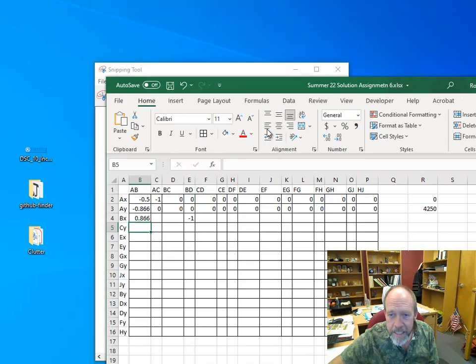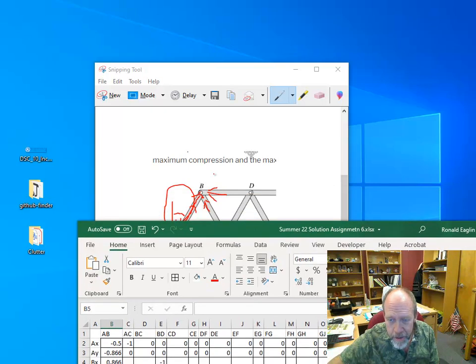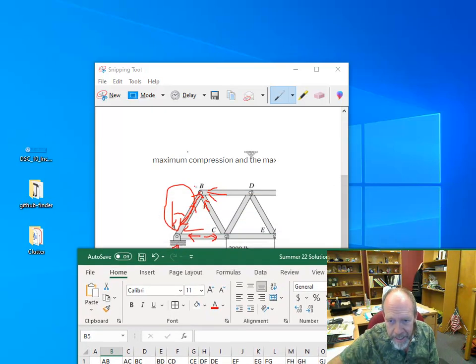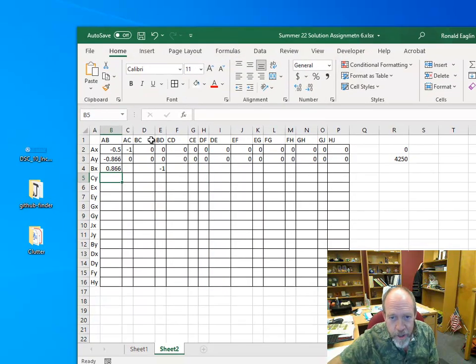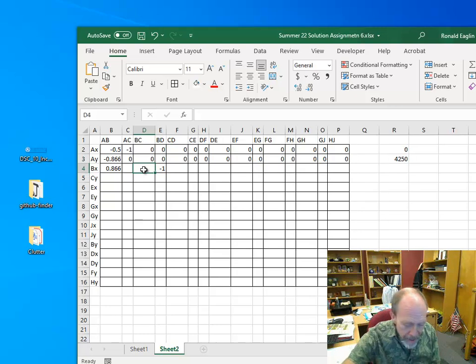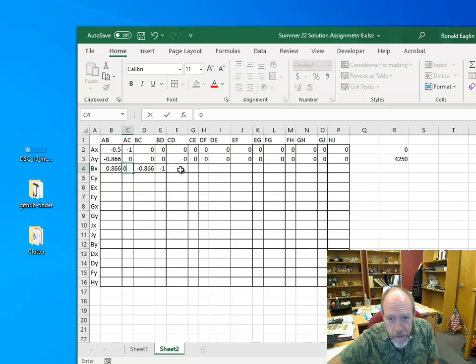And I've got BC, which is in the negative, which is also going to be 0.866. So BC is negative 0.866, and nothing else contributes, so I fill in the rest of the matrix with zeros. It really is that simple.